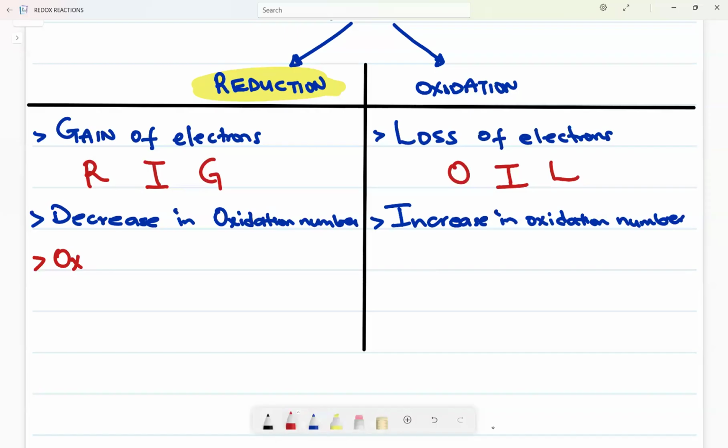Oxidizing agent. What now is an oxidizing agent?